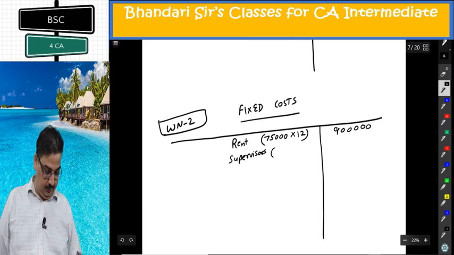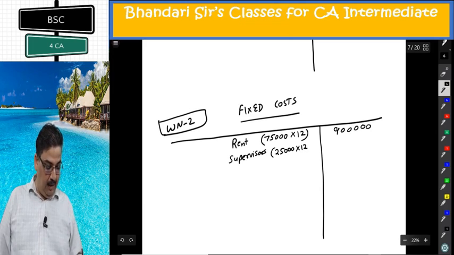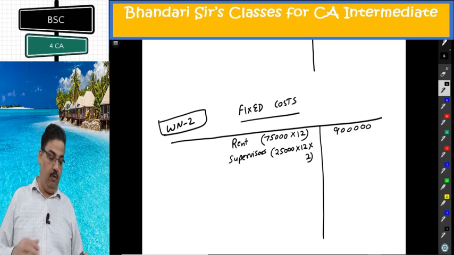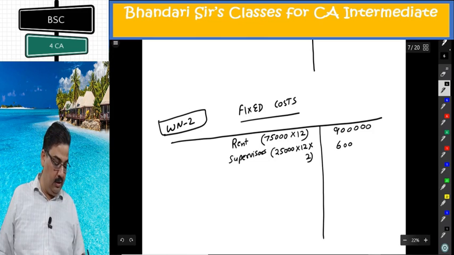Supervisors, 25,000 per month each for 2. So there are 2 supervisors. For one supervisor, annual cost is 25,000 into 12. That is 3 lakh for one supervisor. For 2 supervisors, it will be 6 lakh.